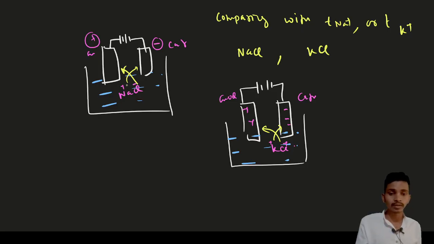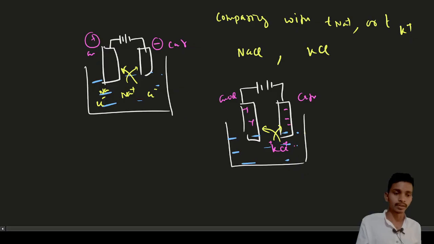Because we are dealing with Na+ and Cl- here, and K+ and Cl- there, we just want to know whose speed is high.